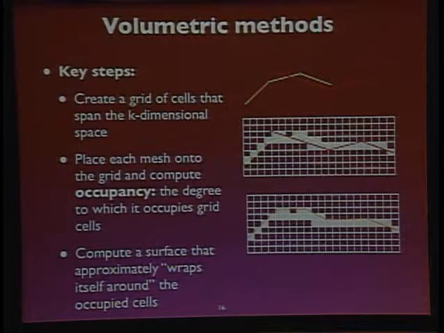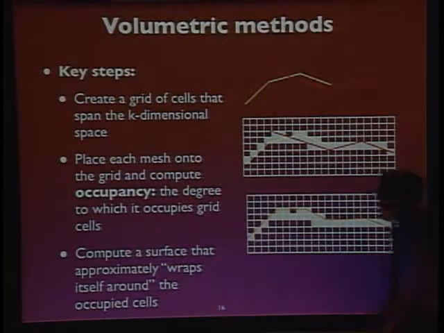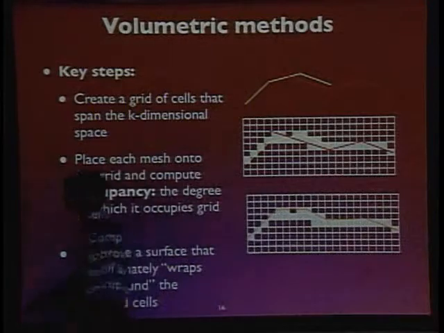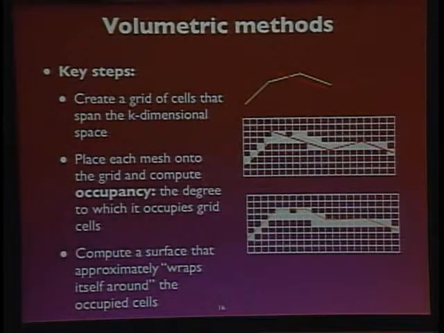And that's represented here for 2-dimensional type objects. So then what we're going to do is throw each one of our component meshes, or each one of our surfaces from a particular point of view, into this world and compute what I talked about earlier, which is the occupancy of each cell in that grid.